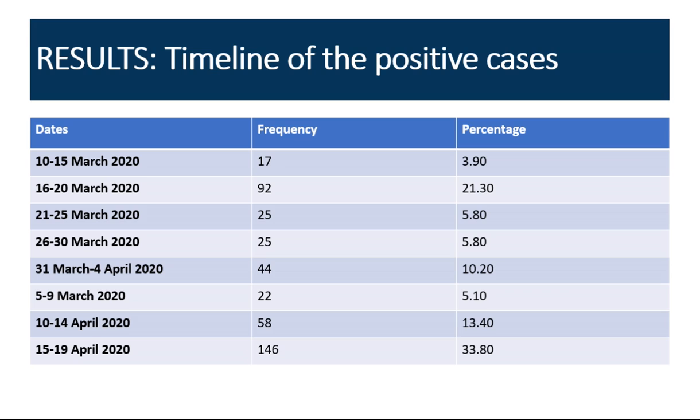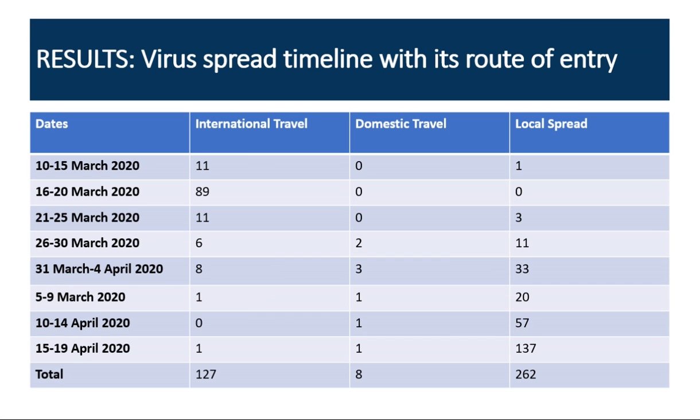And then we see the crescendo, the highest number of cases, around 146, recorded from 15th to 19th of April 2020. And I hope you can appreciate from this table how unpredictable and unfamiliar this spread was and how surprising it was for so many of us.